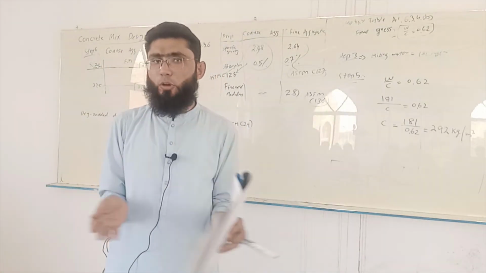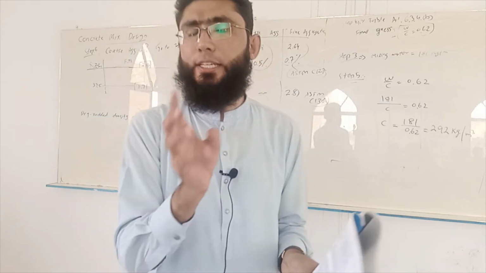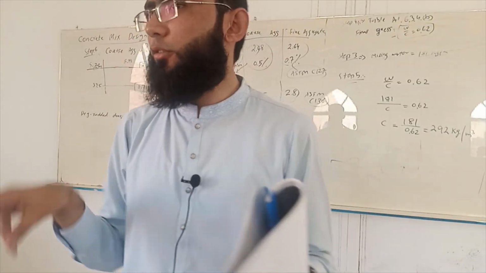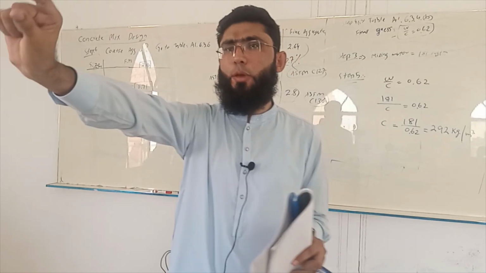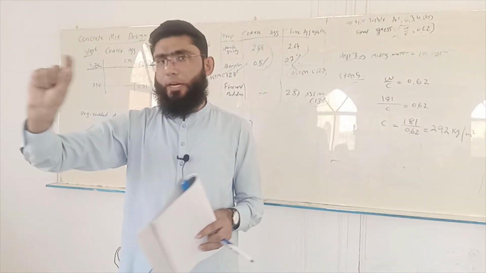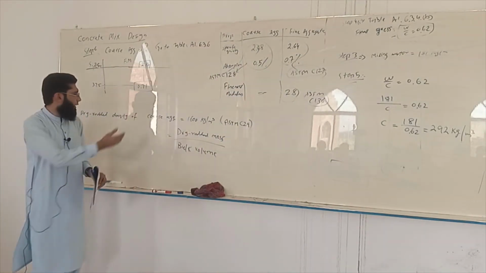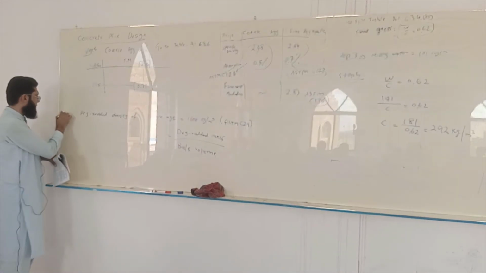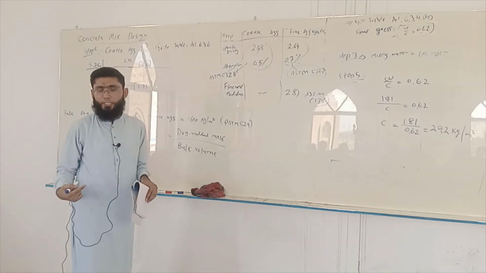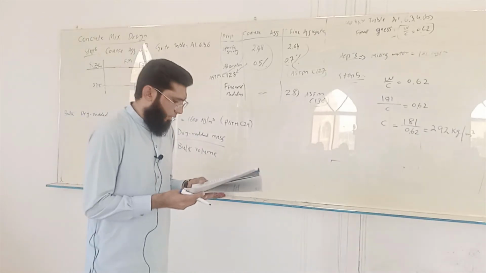Absolute volume is related to specific gravity. It does not include the voids between aggregates. Specific gravity is about a single particle of that material. The full name for this would be dry rodded bulk density. So it is something we need to understand.